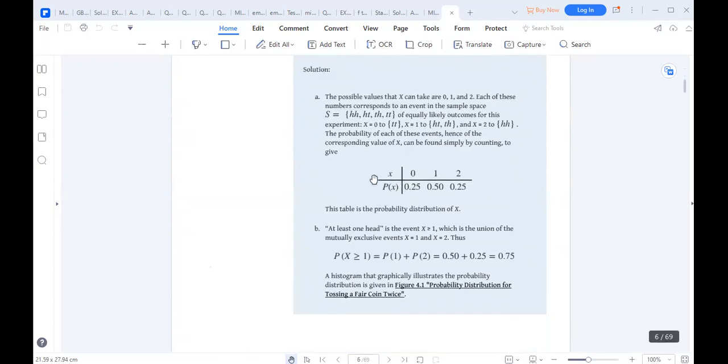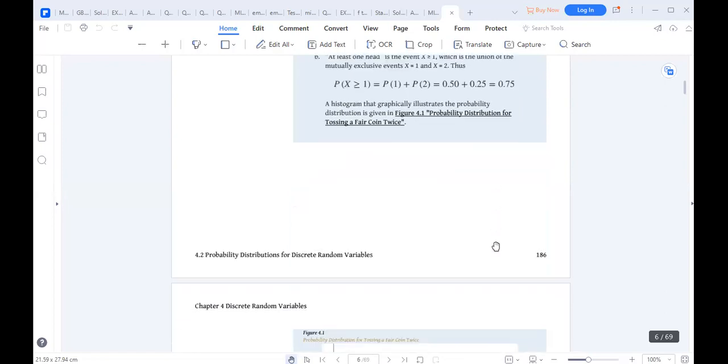For instance, you're given 0, 1, 2. And the probabilities are 0.25, 0.50, and 0.25. And they ask you to find the probability of at least 1. It means 1 and above. So you're going to add the 0.50 and 0.25. At least 1 means what? 1 and above. So this is going to be 0.75.